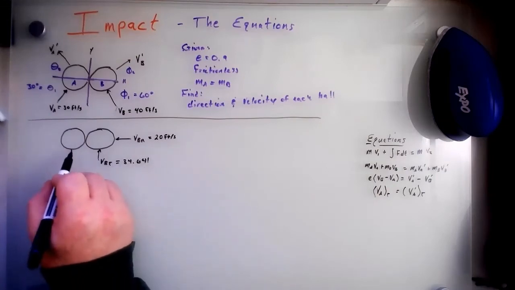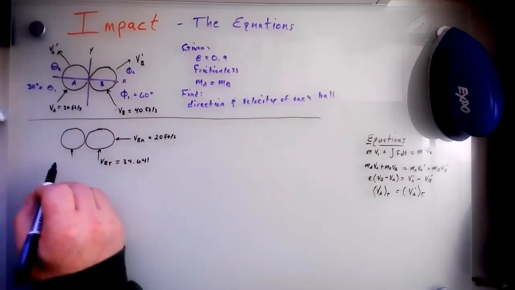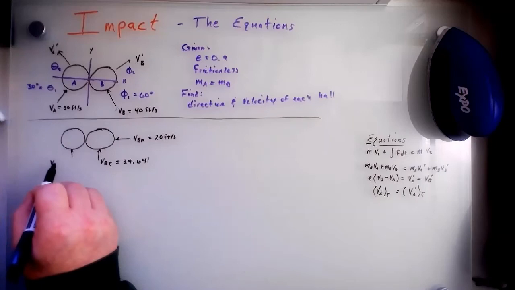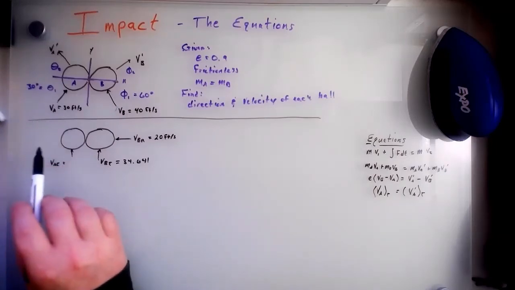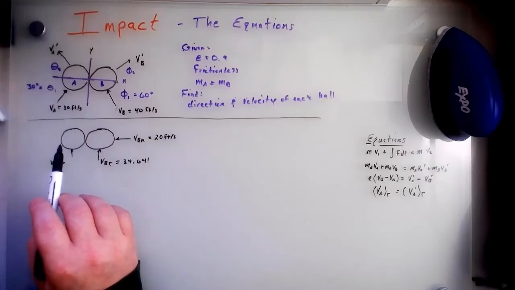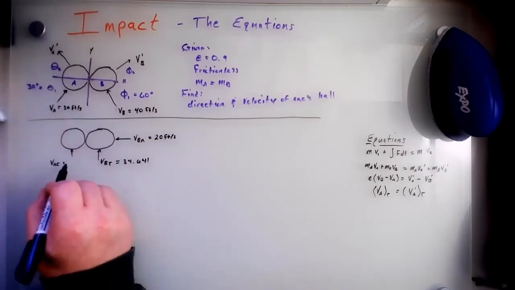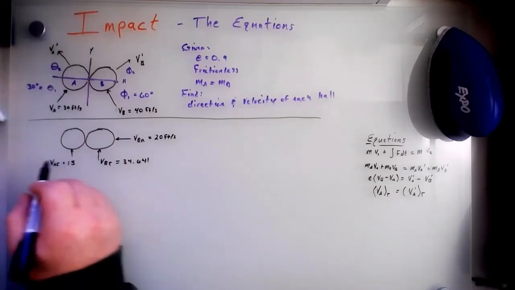And similarly, VAT is 30 feet per second times the sine of 30, that's 1/2, so that is going to be 15.